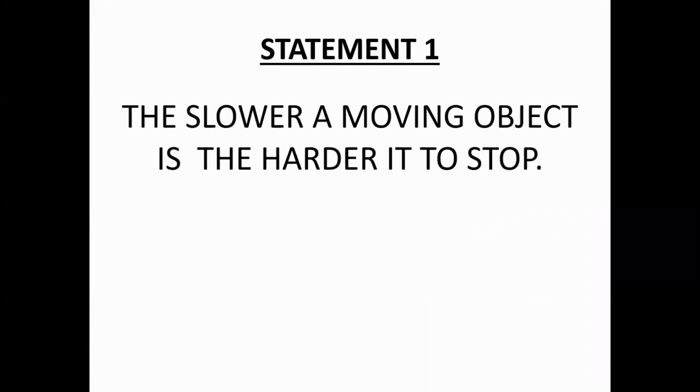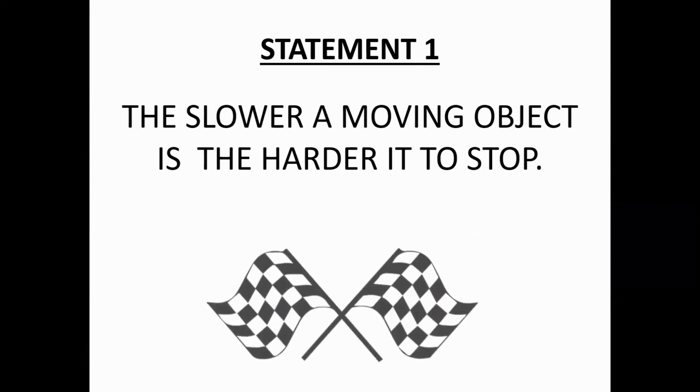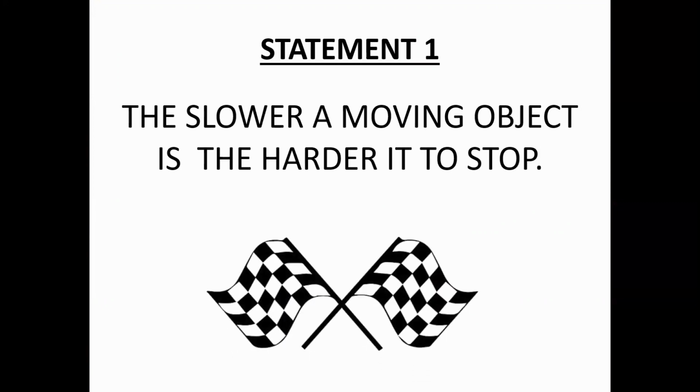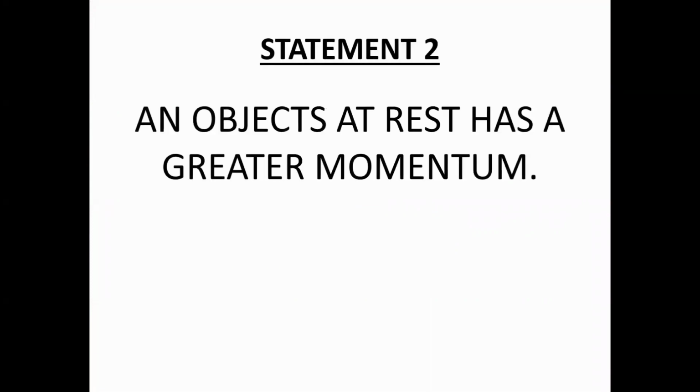Statement number 1. The slower a moving object is, the harder it is to stop. Is it a fact or a bluff? The answer is bluff. The slower a moving object is, the easier it is to stop. Statement number 2.